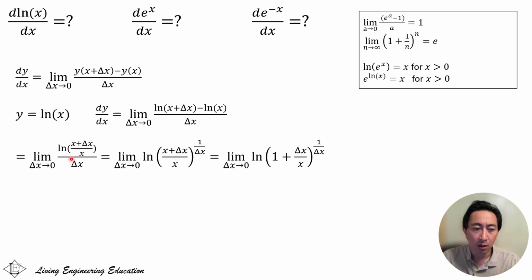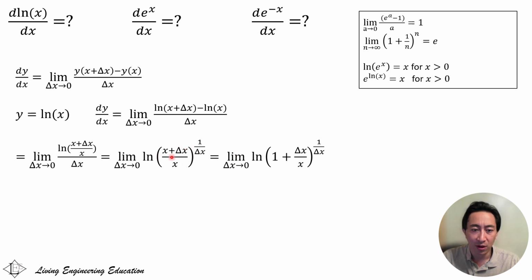Okay. Then this is all divided by delta x, which is essentially the same as multiplying by 1 over delta x. So again, another rule of logs, I can take that to the power, right? So this divided by delta x can be looked at as 1 over delta x, and that can be the power within the natural log.